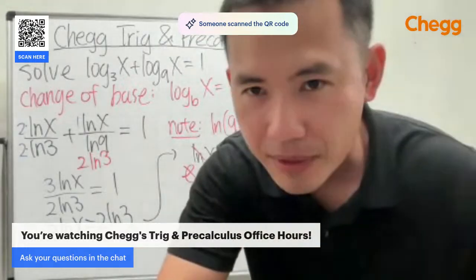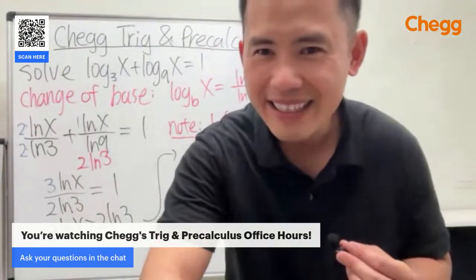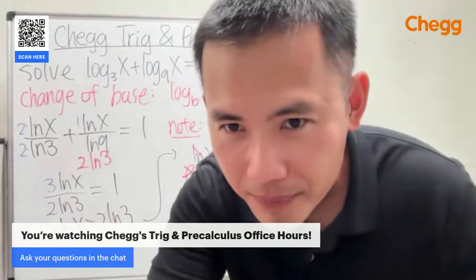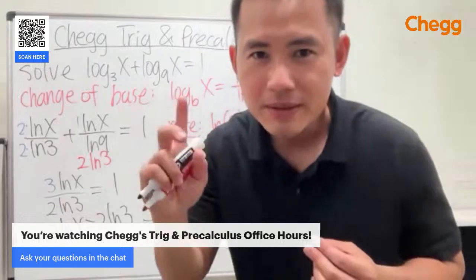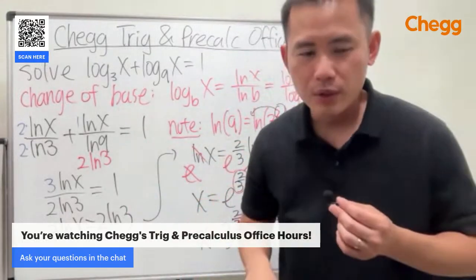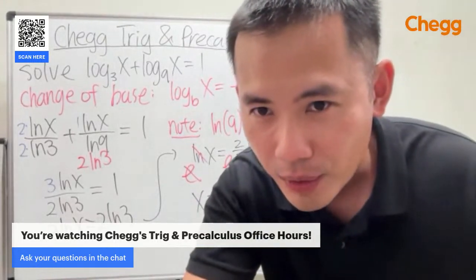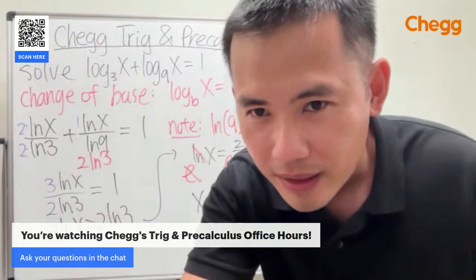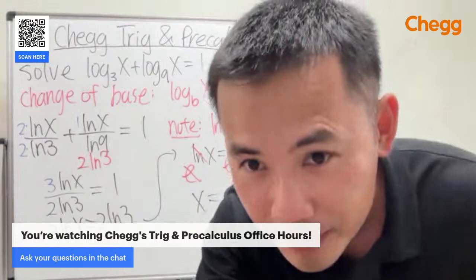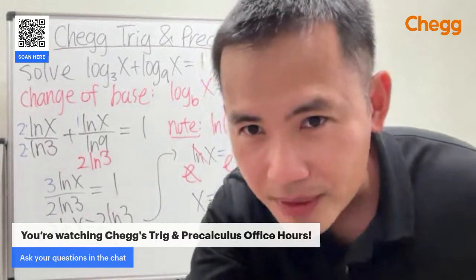Let me see who has been here before. Hello, hi. Some of you might notice that I'm not wearing my glasses, so that's why I have to get really close in order to be able to read, right? Hi, Thomas. Hi, Robert.